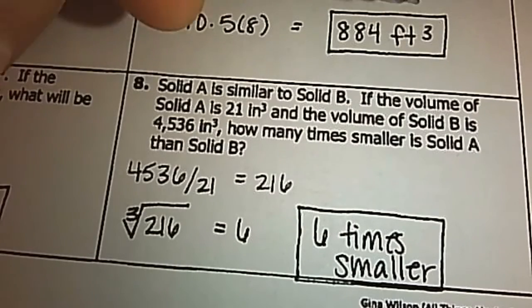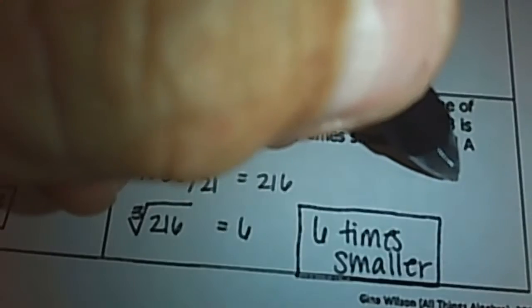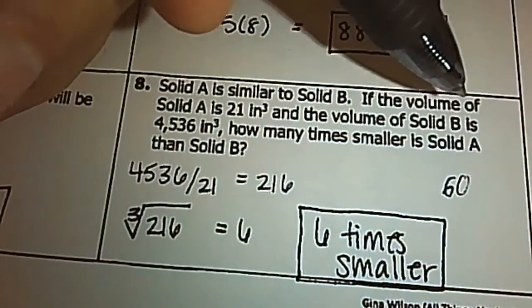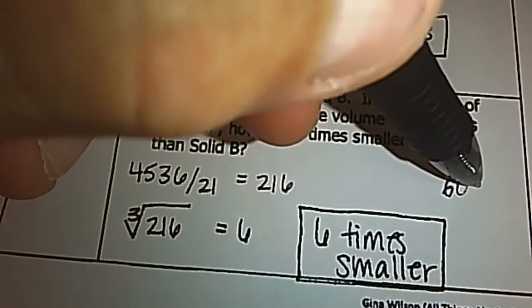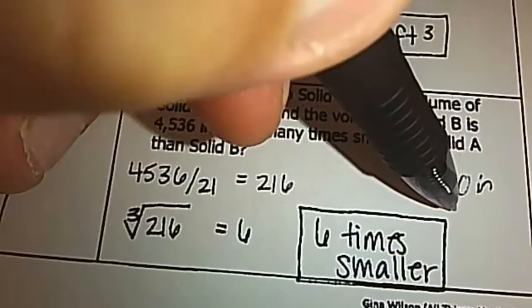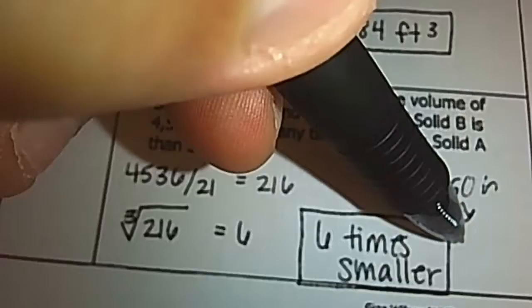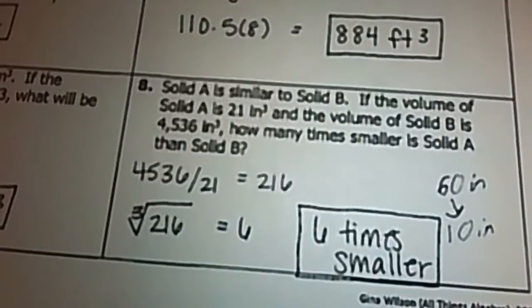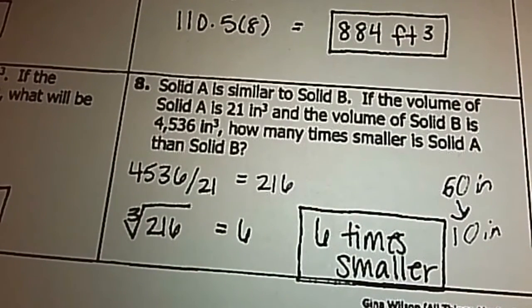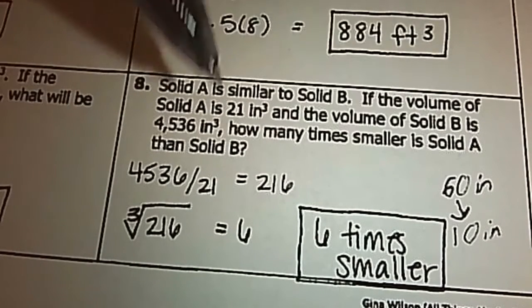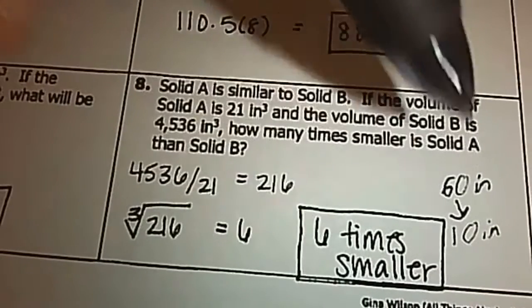So just for the sake of argument, if the bigger one was 60 inches on one length, then the new one would be 6 times smaller, would only be 10 inches in length. Okay, just as an example. I don't know, it doesn't give you the dimensions on these ones, but just saying. Okay, so that's how that works. You know that's going to be 6 times smaller.